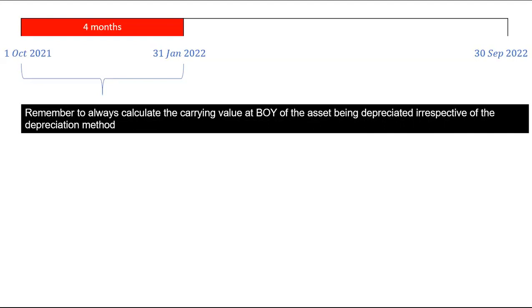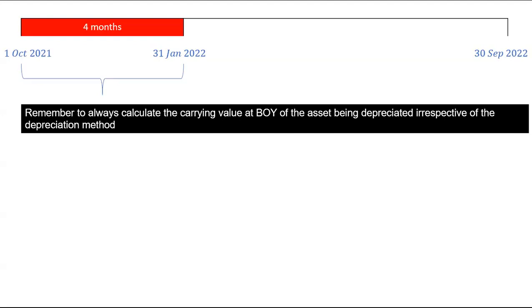Oh, that'd be classic though. Imagine saying that it was destroyed on the 31st of Jan, but when you calculate depreciation for that month, it exceeds the carrying value at the beginning of the year. So you still have to calculate depreciation for 4 months and then limit it to the carrying value at the beginning of the year. Oh, that would be classic.